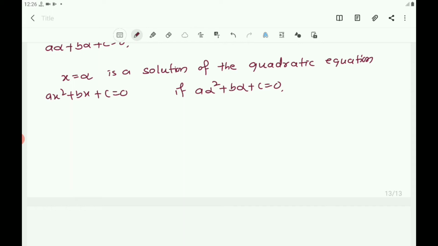And also you know that a linear polynomial is having 1 zero and the linear equation is having 1 root. And similarly, a quadratic polynomial is having 2 zeros, a quadratic equation is having 2 roots.